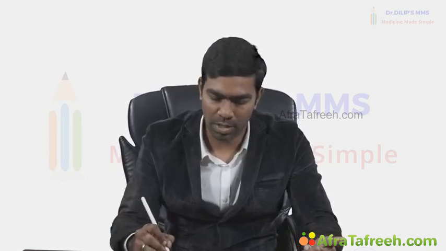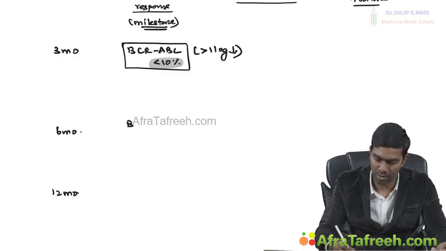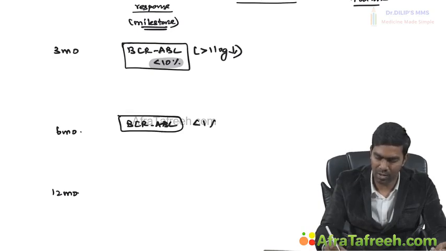I will tell you when you will achieve a major molecular response. Similarly, this is one of the important things. And at 6 months, you have to achieve a BCR-ABL transcript ratio of less than 1%, which is what we refer to as more than 2 log reduction.